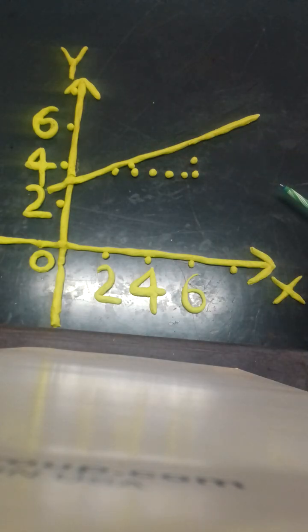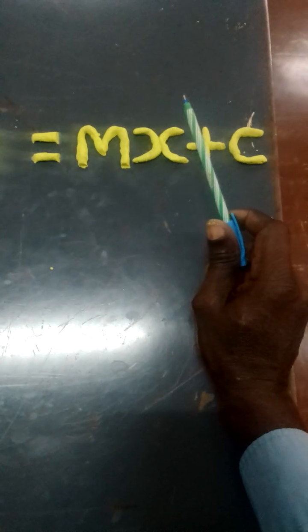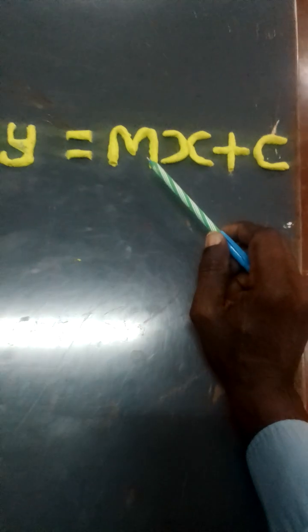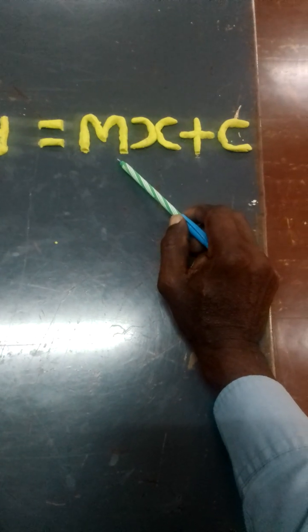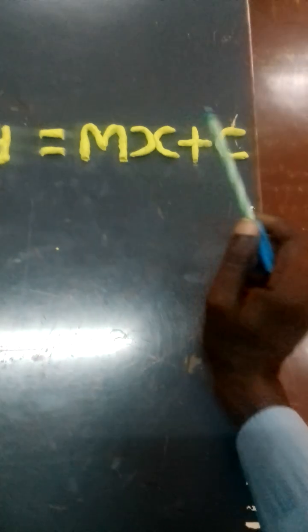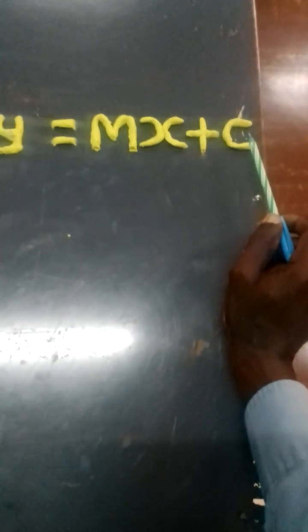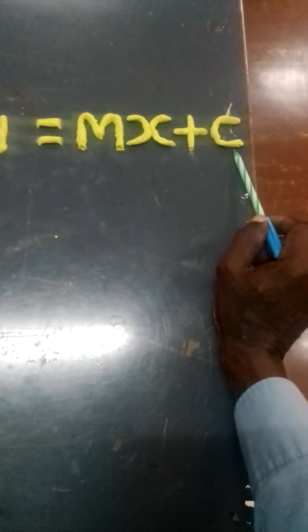So let's say that in this equation of the straight line, y is equal to mx plus c, we now know that the gradient is a half. So the value of m in this equation is a half. And the y-intercept, we found it to be 3.